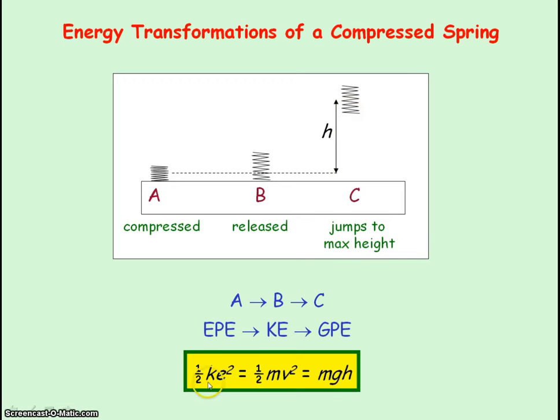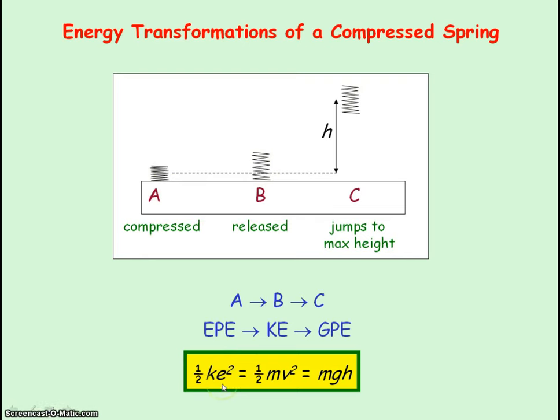So our elastic potential energy will equal our kinetic energy when it's released, which then converts to gravitational potential energy. This is also assuming that there's no energy loss, no heat loss due to friction. It's important to note that we're using this equation based on the assumption that the spring obeys Hooke's law.